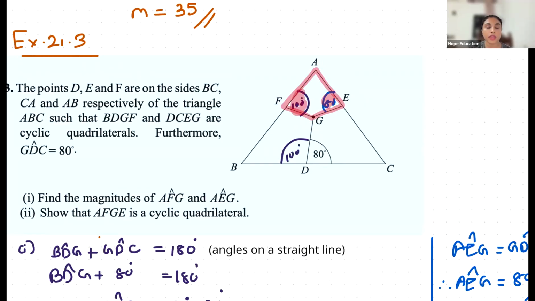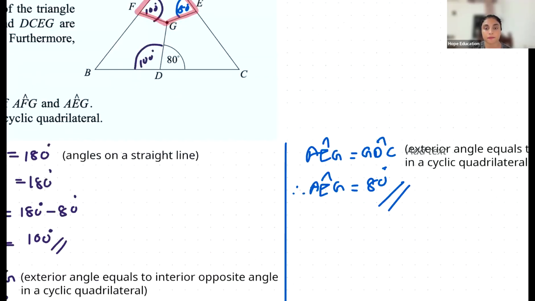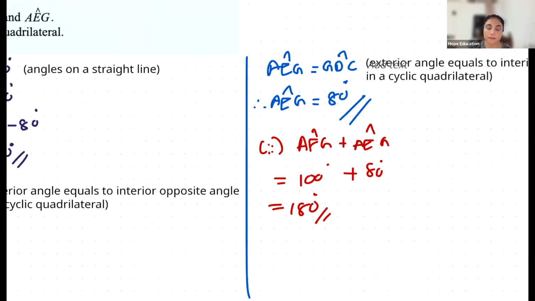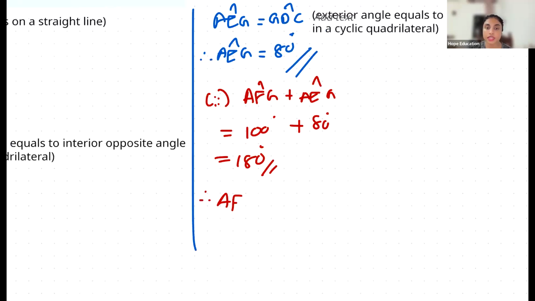අපි Roman number 2 එකත් මෙහෙමම කරමු. AFG plus AEG. So AFG is 100, AEG is 80. So when you add 100 plus 80, that is 180. Therefore, we can say AFG and AEG are supplementary angles.